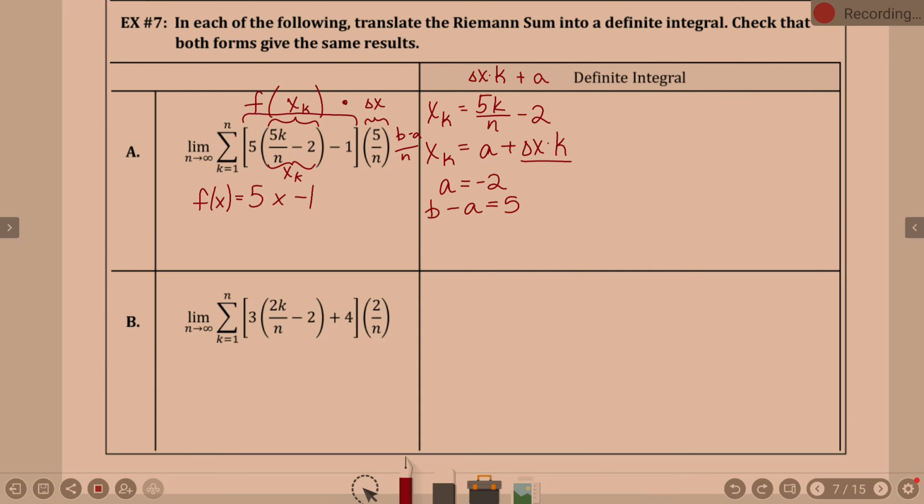So b minus a is 5 and a is, excuse me, negative 2. So b minus negative 2 is 5, excuse me, b plus 2 is 5, b is 3. You're ready to write an integral.